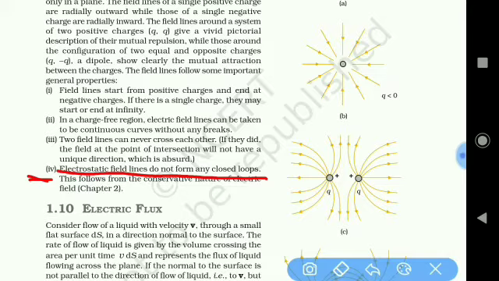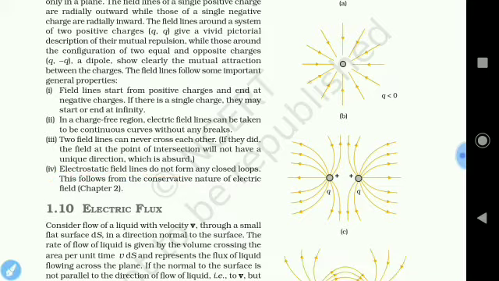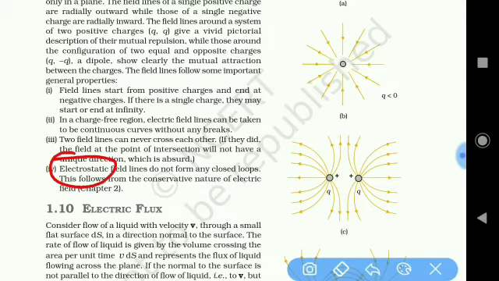But remember, magnetic field lines they form a closed loop. And here one thing we have to remember that it is for a static charge. Electrostatic word is used. So if the charges are stationary, then their field lines they will not form a closed loop.